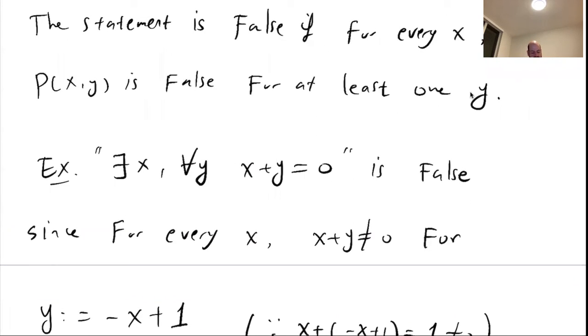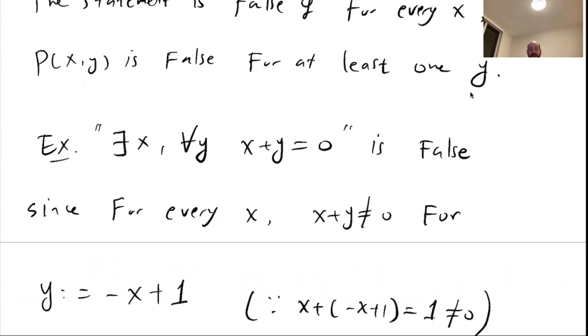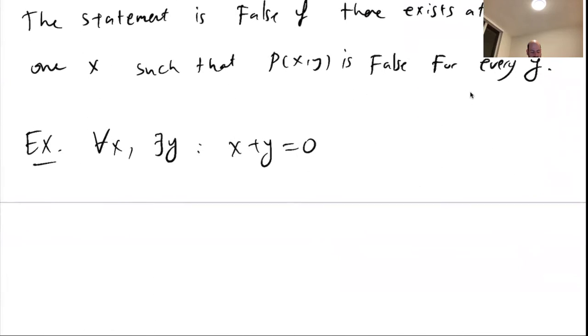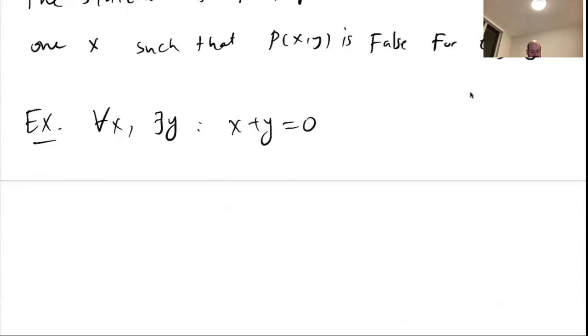This was false. Now this time we are interchanging the there exists with the universal quantifier. So instead of saying there exists x for each y, we are saying for each x, there exists y such that x plus y is 0. So this one is true.